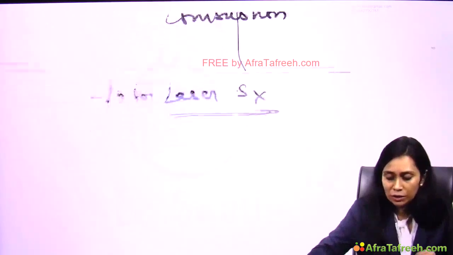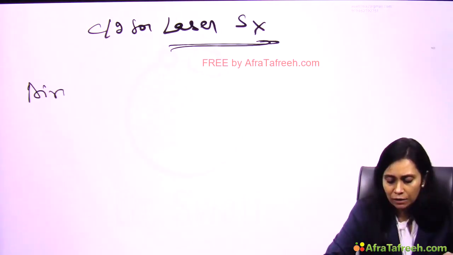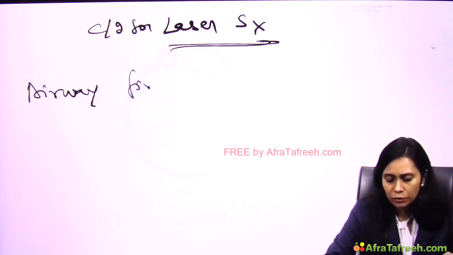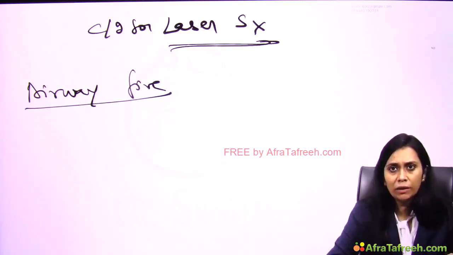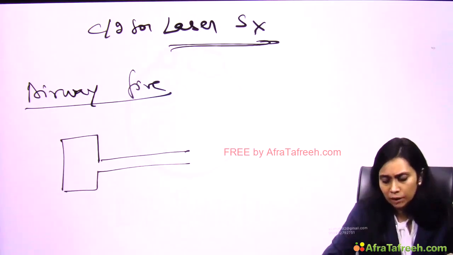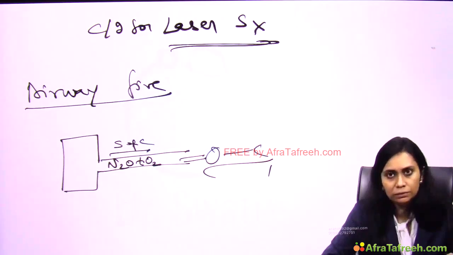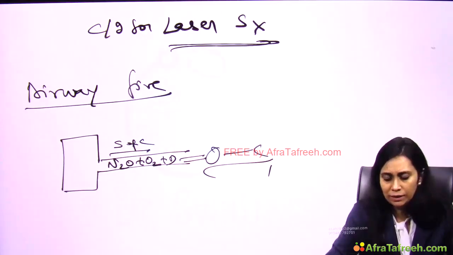Here I want to discuss with you another complication of general anesthesia, airway fire. Few questions on airway fire have been asked in All India and AIIMS. Just see on the screen. This is your machine. This is the circuit. This is the airway, the advanced airway, the ET tube, and this is the patient. From the machine, you are giving your patient nitrous oxide and oxygen, both supporters of combustion, and you are giving desflurane, not a supporter of combustion, neither a combustible gas.